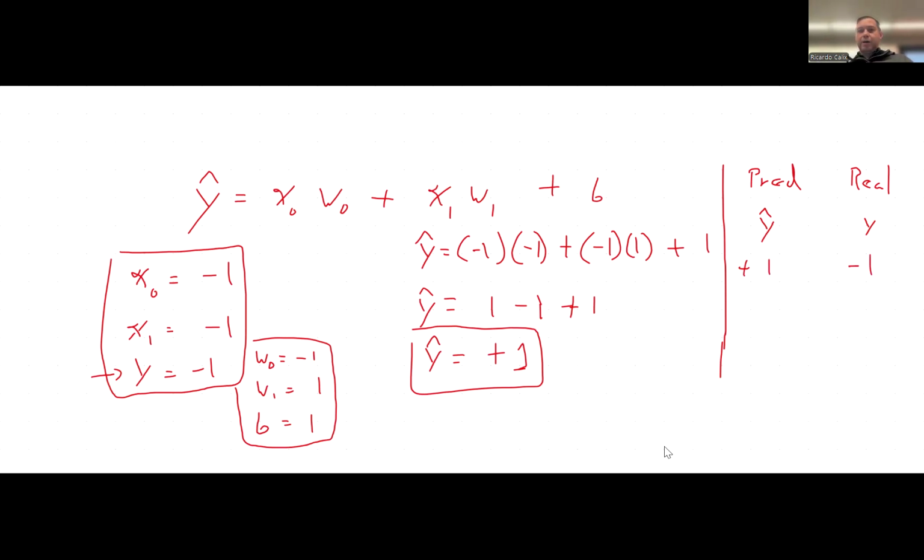And so what we do now is we're going to have this idea of error, which is very common in all of machine learning, right? So you compare the predicted to the real. So we're going to denote this as y minus y hat. Do you guys see that? All right. So then how does that evaluate? Error will be y real, which is -1, minus the y hat, which is the predicted, +1, right?